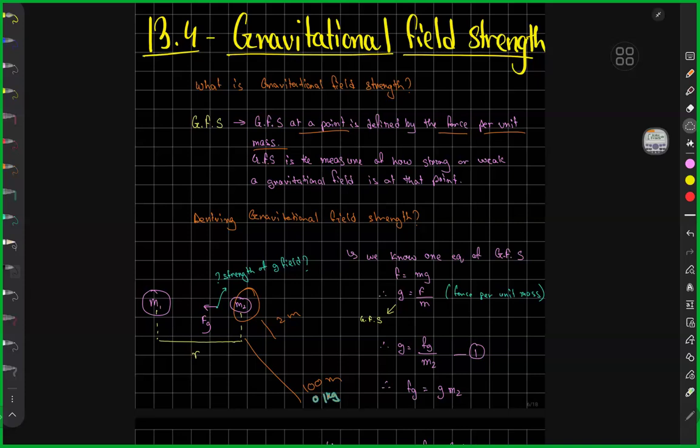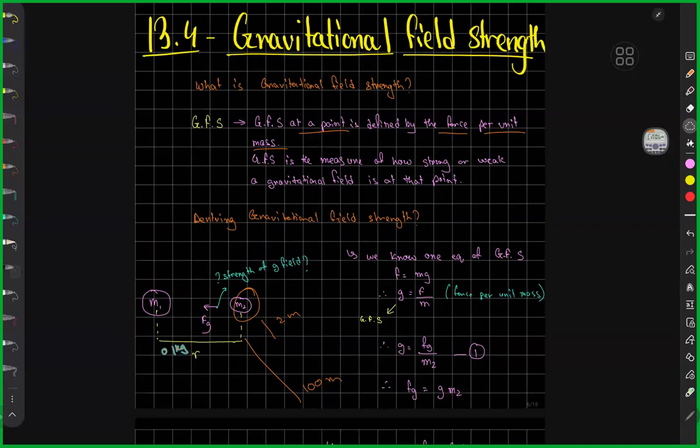Now, this gravitational field strength, mind you, will be different for different objects. M2 will have a weaker gravitational field strength compared to the much heavier M1. So if I bring it the same 2 meters away from M1, its field strength is stronger, right? So what 1 kg really does is it standardizes the comparison.